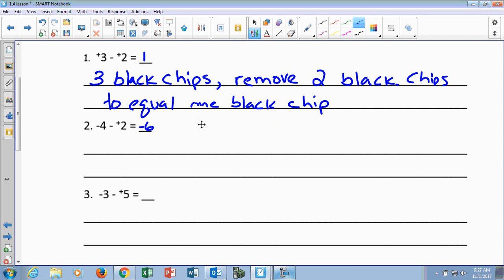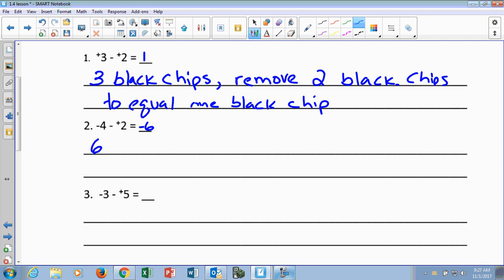Negative 2, right? I got to come up with negative 6. Joey? Okay, but remember, it says to subtract 2 positive chips. So this is kind of a little outside the box.